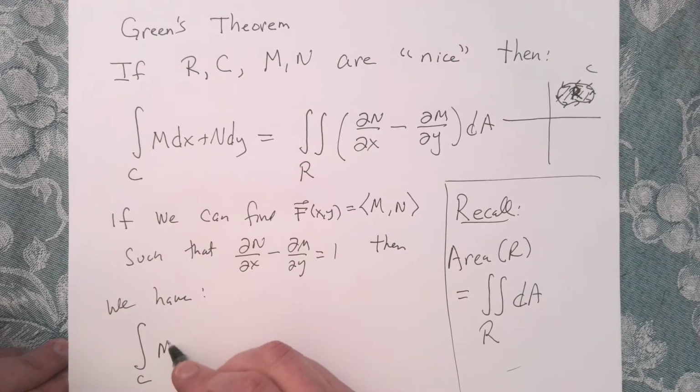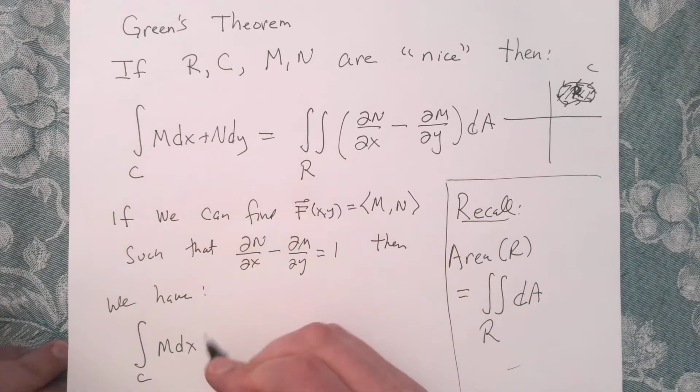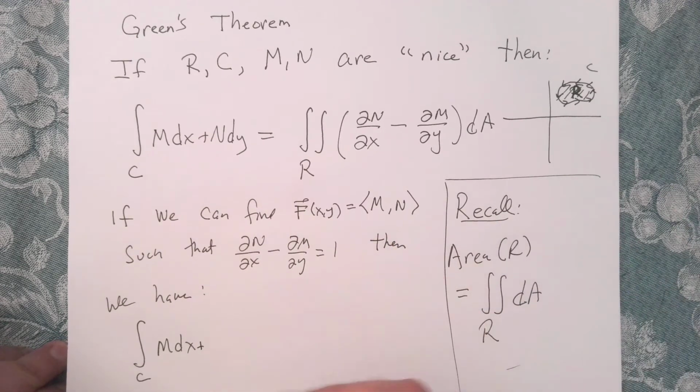Then we have a line integral that computes area. But the key is to find such a vector field. In fact, there's tons of vector fields with that property. We just need to find one of them.